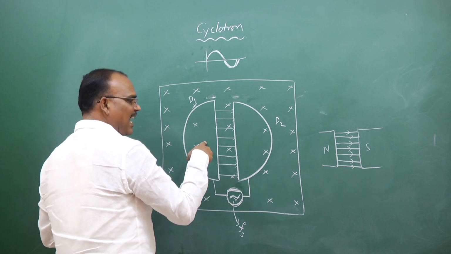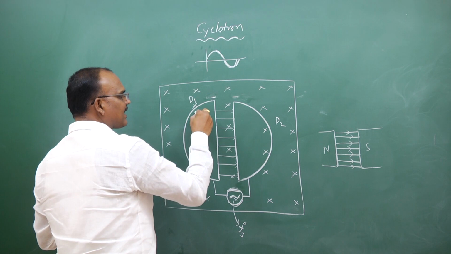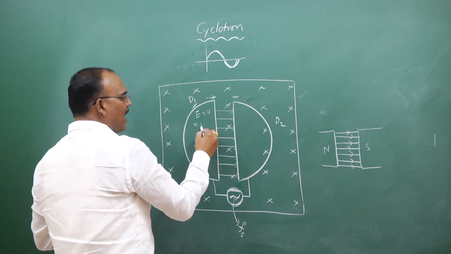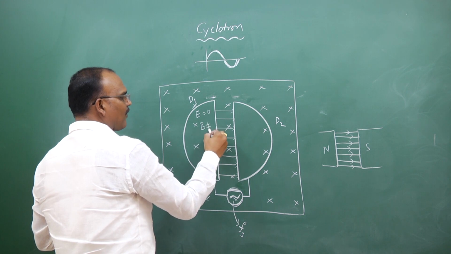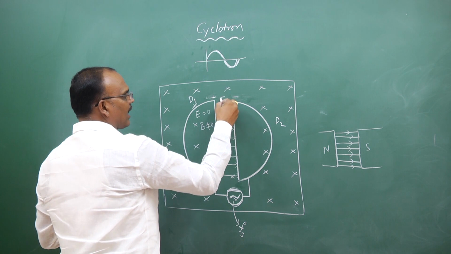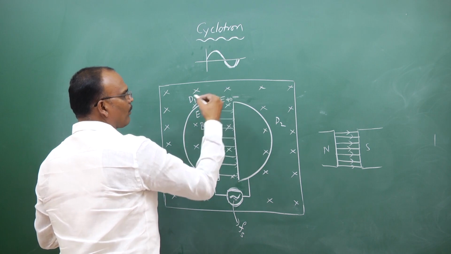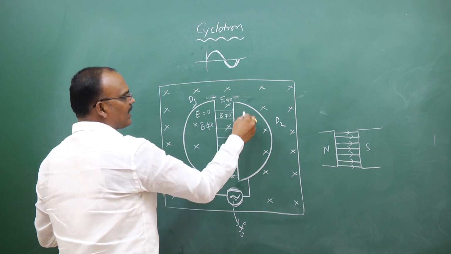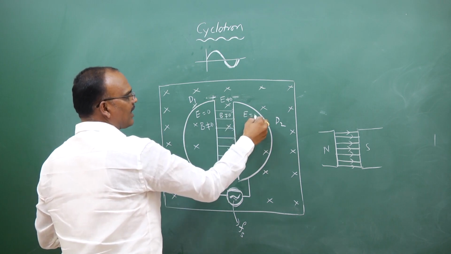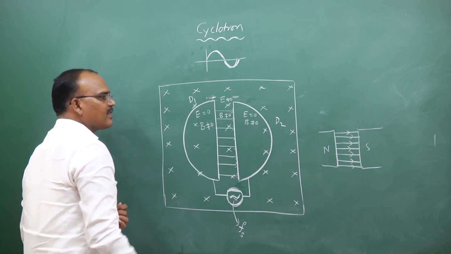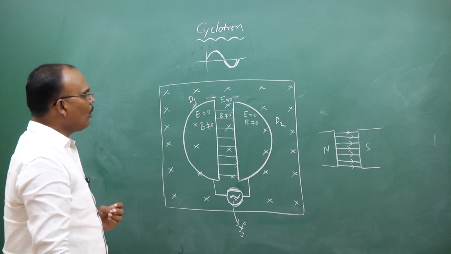Metal provides electrostatic shielding. So inside a D, the electric field is not there. Only the magnetic field is there. Magnetic field is not equal to 0. Between the Ds, electric field is not equal to 0, and magnetic field is also not equal to 0. But inside a D, again the electric field is 0 and the magnetic field is not equal to 0. Remember this is important.